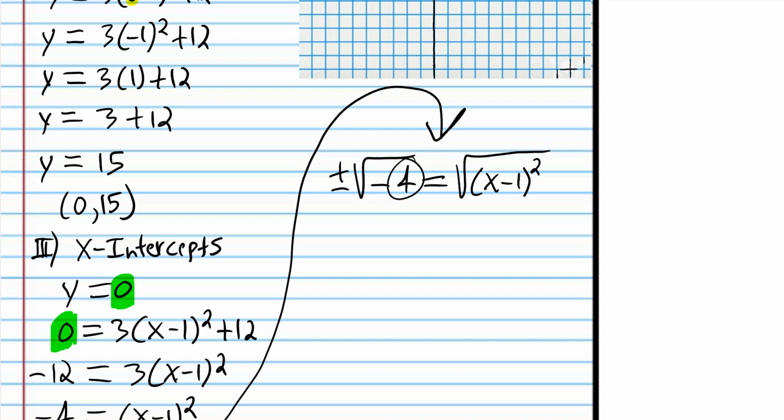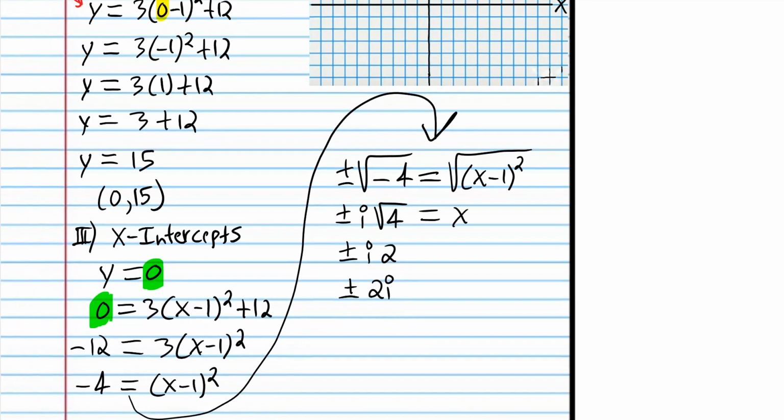And the square root of 4 is just 2. So that's going to end up being 2i. You can pull out the i first, however you want to do it, so it makes sense to you. But usually the 2 is written first.